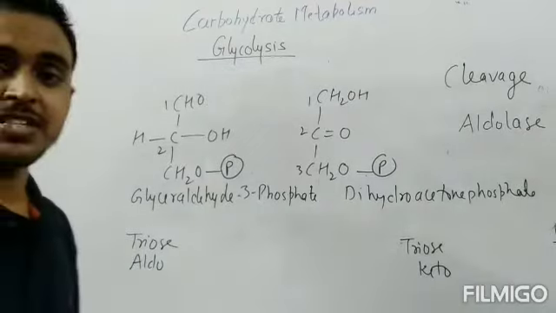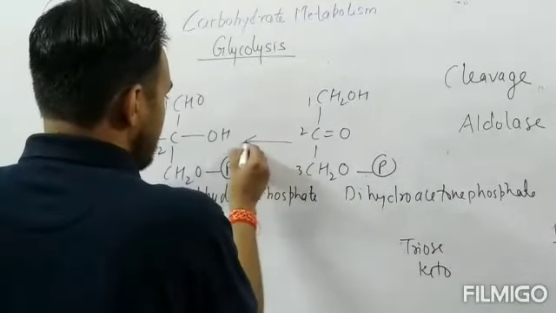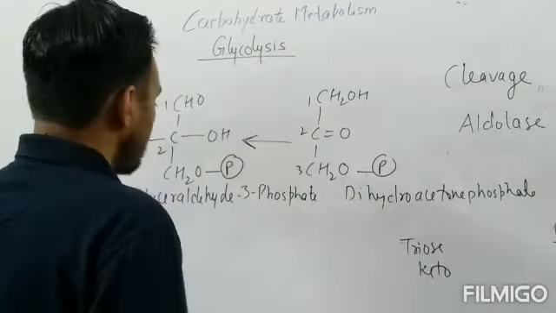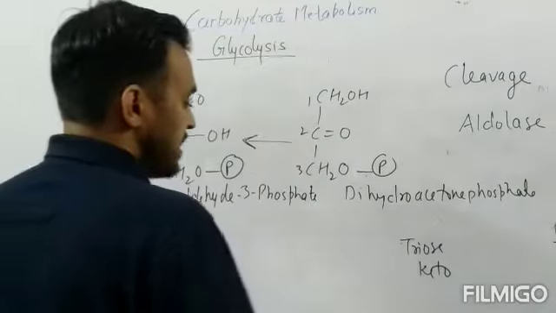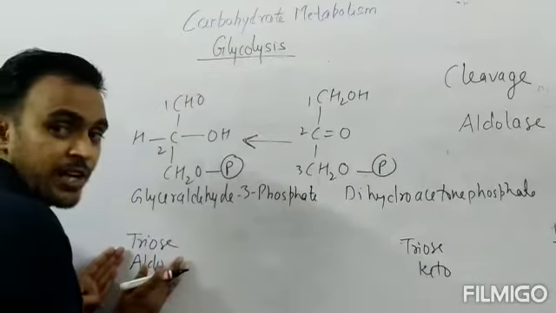Now, in the last step of the preparatory phase, this molecule isomerizes into glyceraldehyde 3-phosphate, meaning the ketone sugar converts into another molecule of an aldotriose sugar.